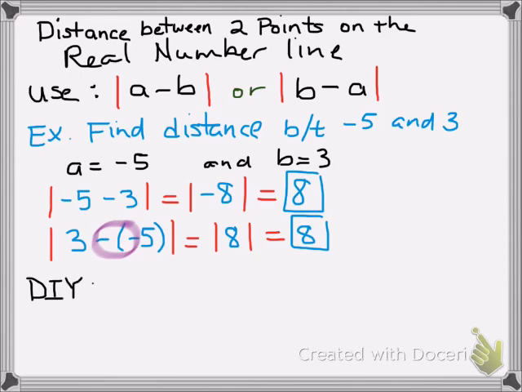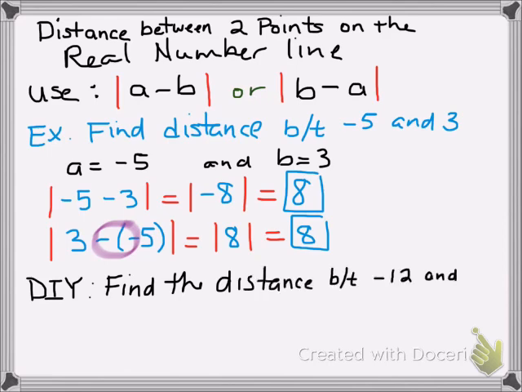So if you want to try one on your own: -12 and -3. So either one, whether you use the first one or the second one, we're going to just say that a is -12 and b is -3.